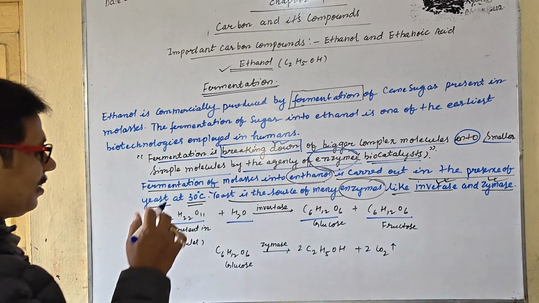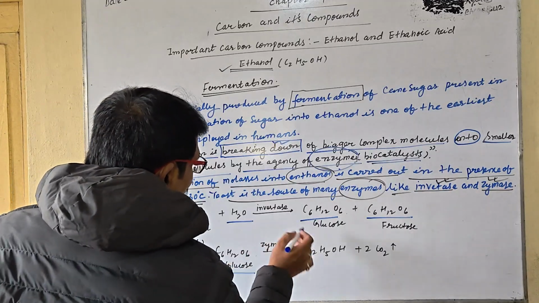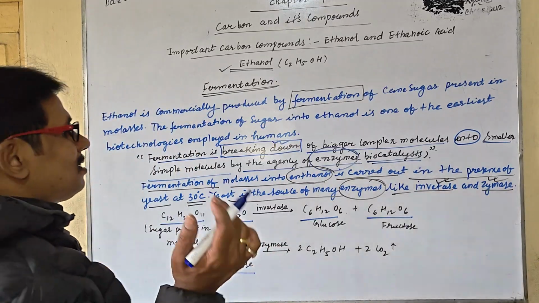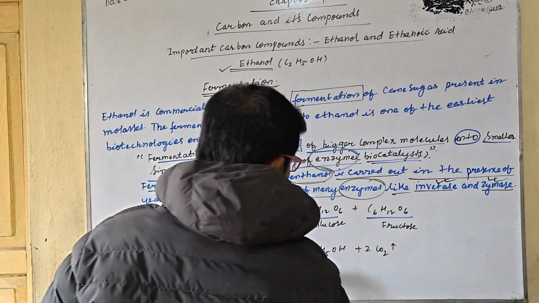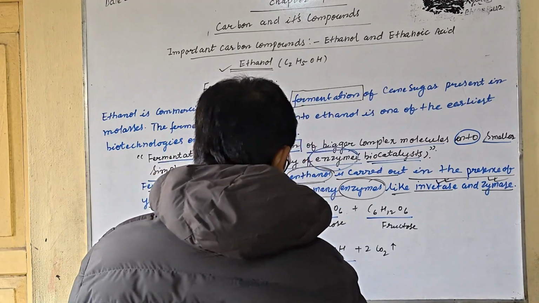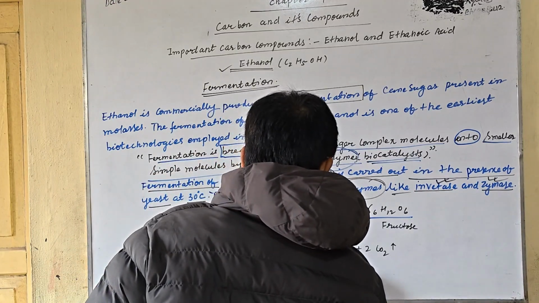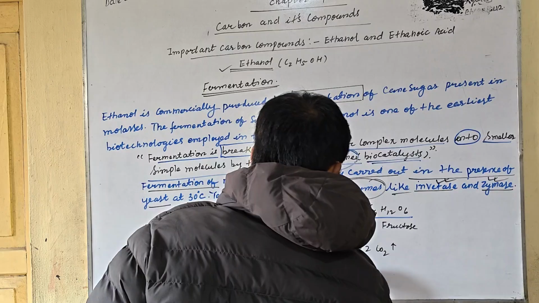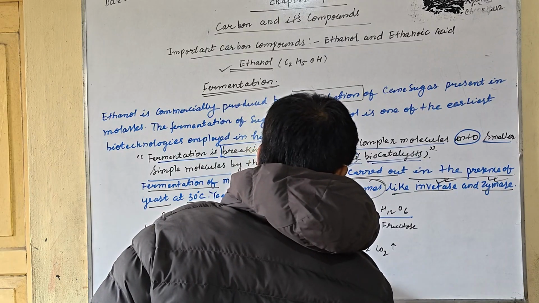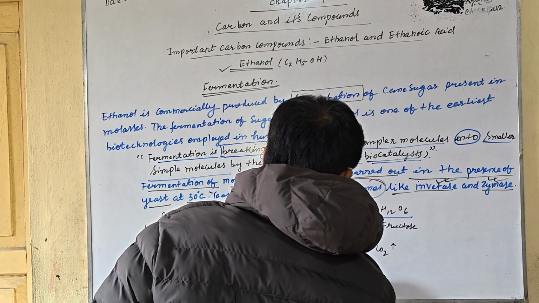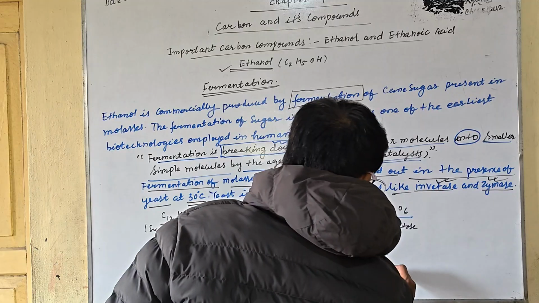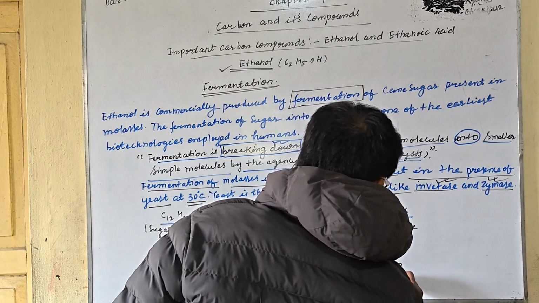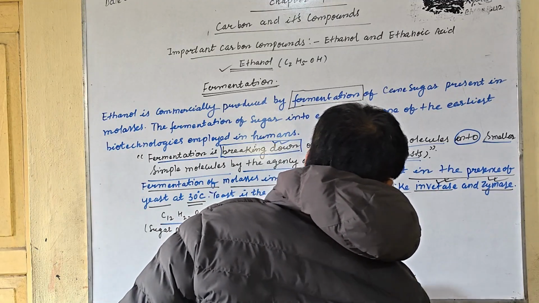After it we react the glucose in the presence of the biocatalyst zymase, in which enzymes are present, it gives you ethyl alcohol and carbon dioxide, or you can say ethanol and carbon dioxide. It is clear. So my dear student, it is quite clear about fermentation.